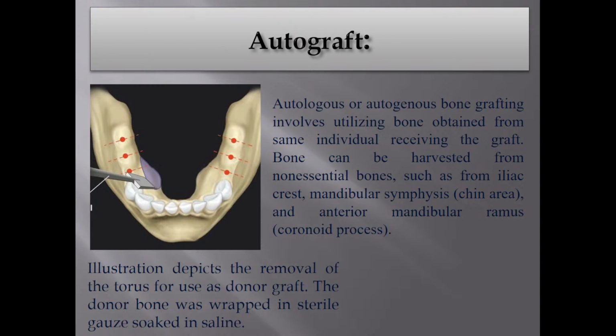Of course, we have no non-essential bones, but we can take it from the iliac crest and even the mandibular symphysis, which is usually the chin area, and the anterior mandibular ramus or coronoid process. In some cases, we can use the coronoid process for autografting.